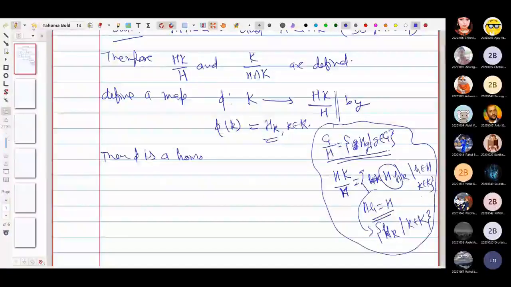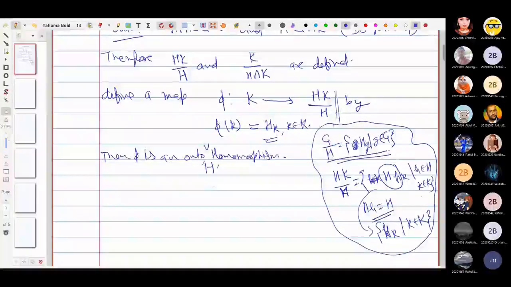Phi is an onto homomorphism. Not only onto, but one-to-one onto homomorphism. Okay, so all these things we need to prove.